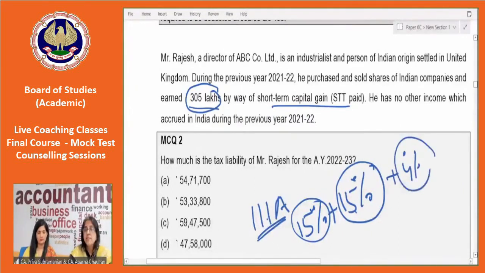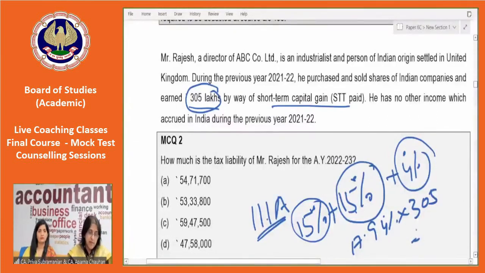Moreover, since he is a director and a person of Indian origin settled in the United Kingdom, he's a non-resident. So you can't adjust the unexhausted basic exemption limit also. He has no other income, that you cannot adjust. This is another thing. So basically, you have to apply 15% plus 15% surcharge: 15 into 1.15 into 1.04 gives you 17.94% of 305.